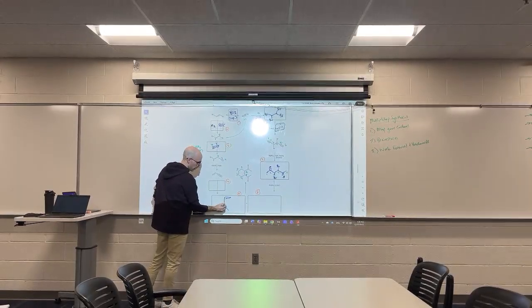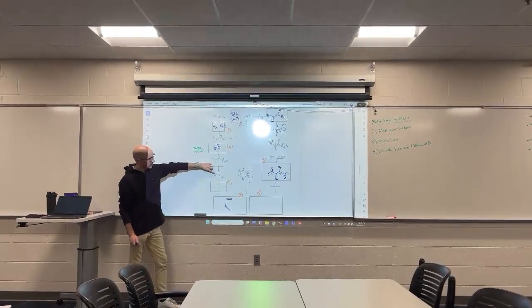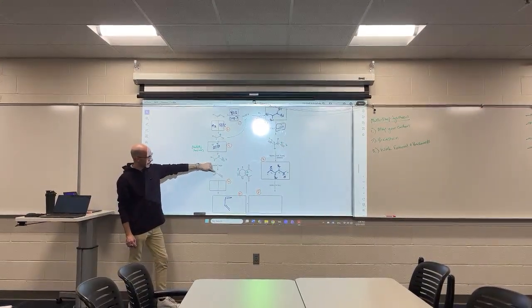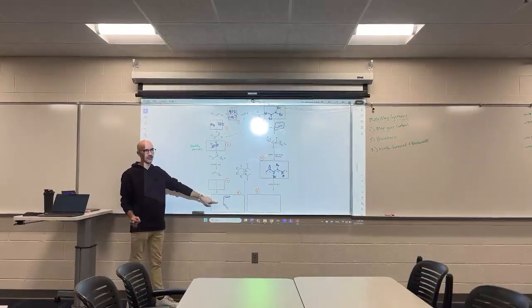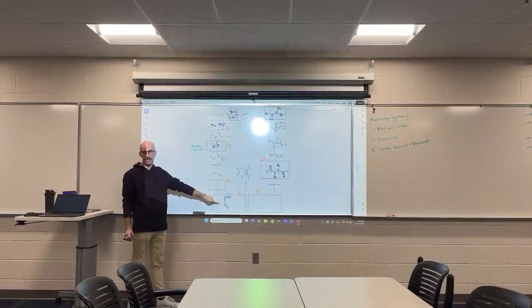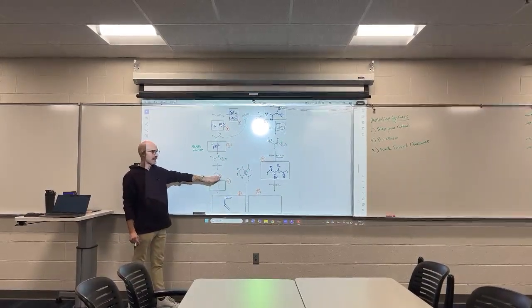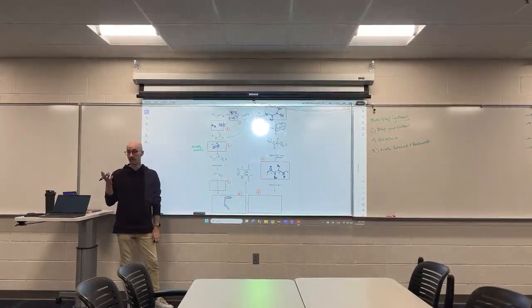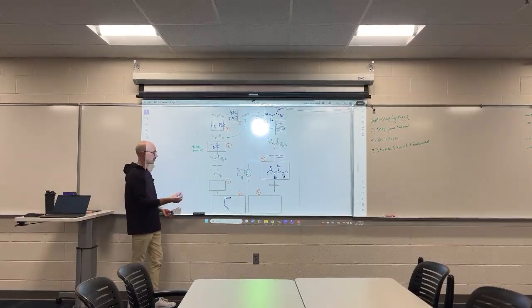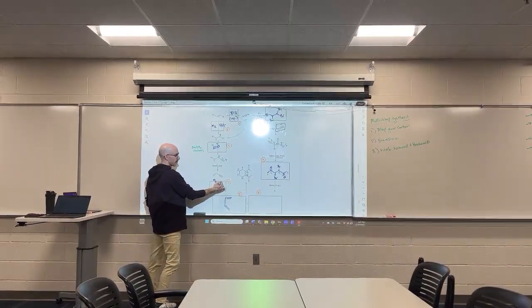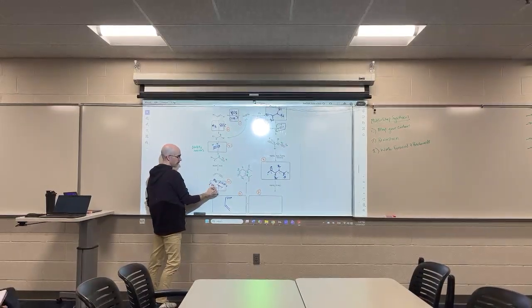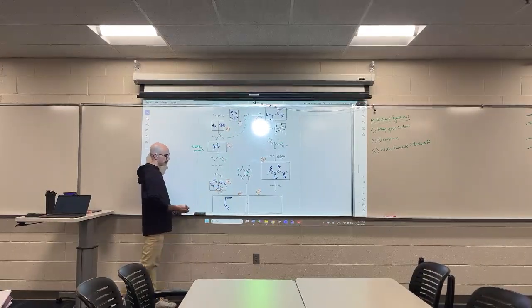And now I just need to take but-1-en-3-yne and get down to buta-1,3-diene, which means I need to take an alkyne and turn it into an alkene. Because it's not trans or cis, there are two reactions that work for this. I can use H2 with Lindlar's catalyst, or I could use sodium in ammonia.